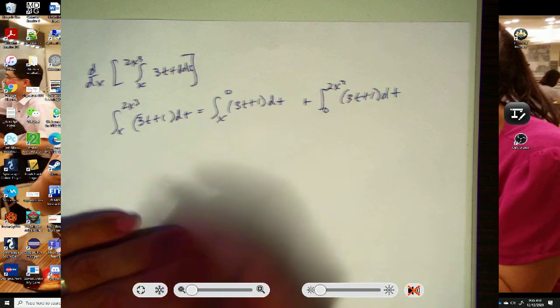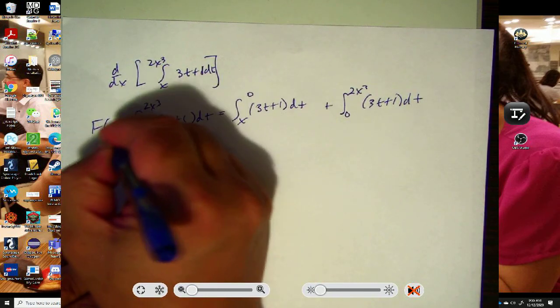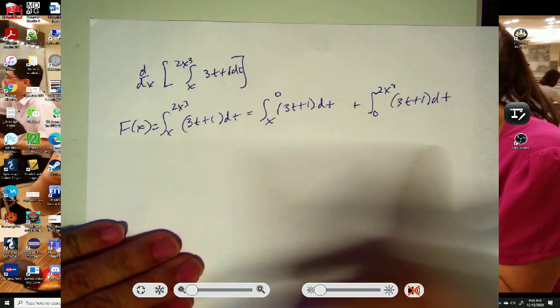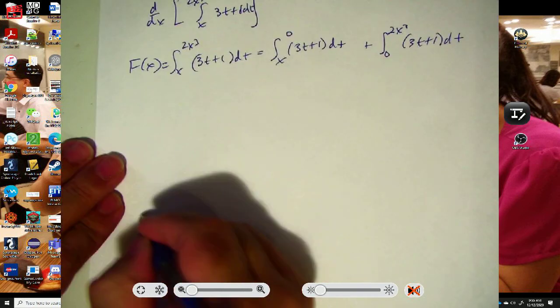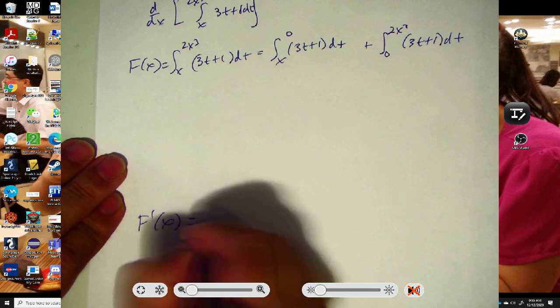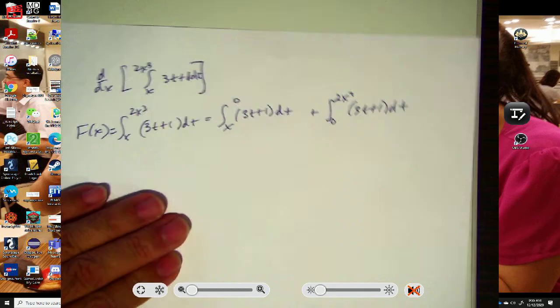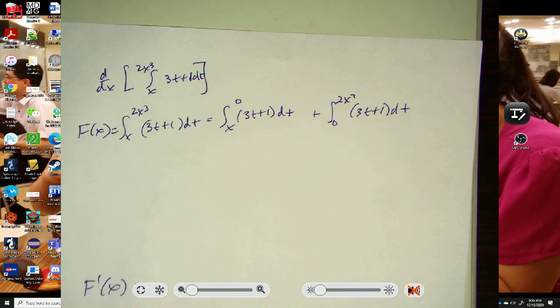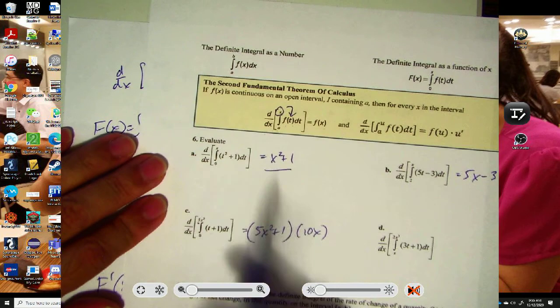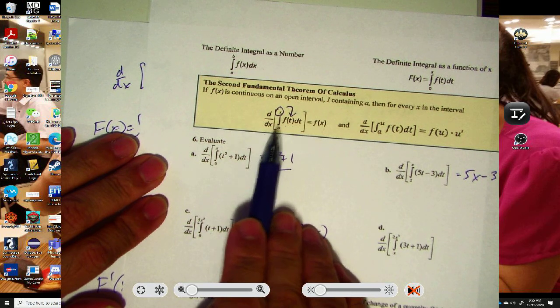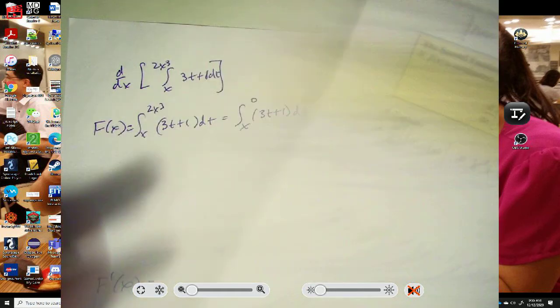And by the way, I'm calling this whole thing f of x. And what we want at the end is f prime of x. So we're going to take the derivative. But here's the thing. Our theorem has the constant at the bottom, not at the top. So even this is not good.